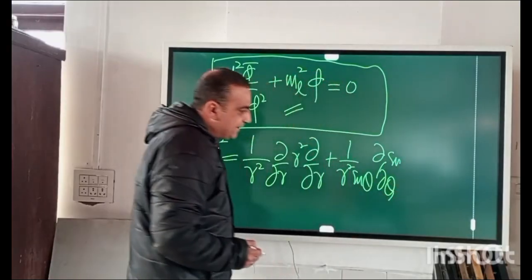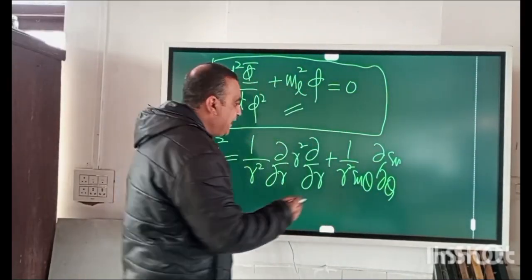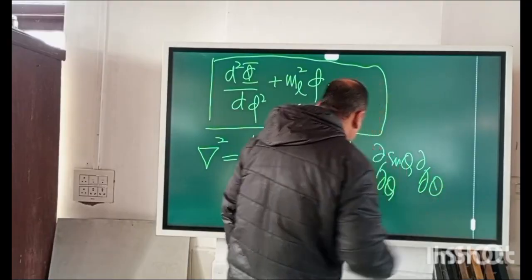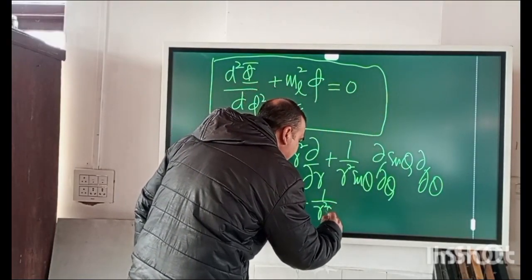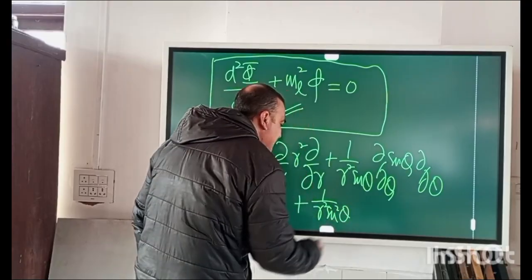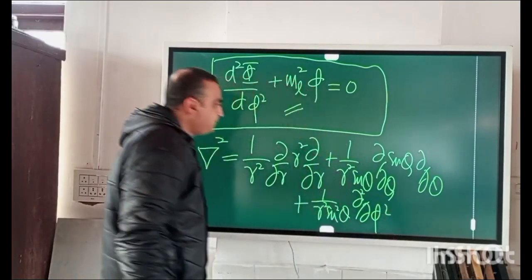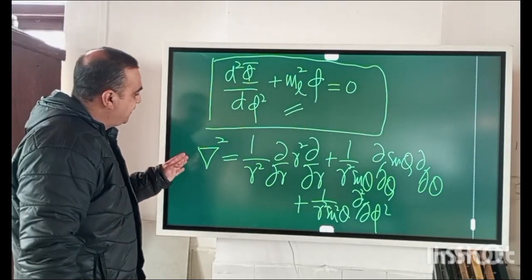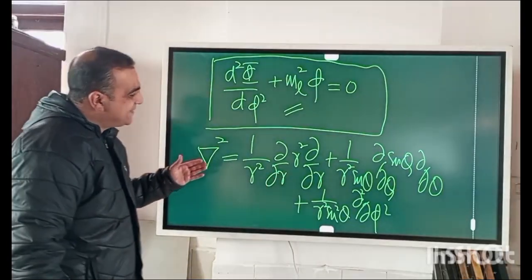Keep this thing in mind. Then you have sine theta dou by dou theta, and the third term is plus 1 by r square sine square theta dou 2 by dou phi 2.